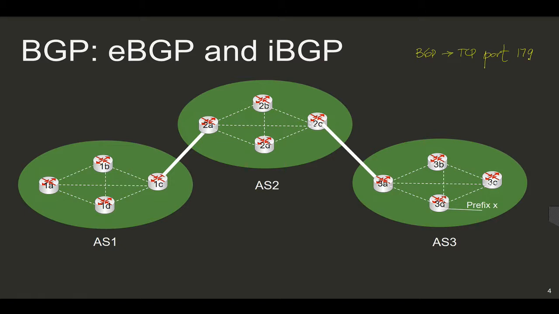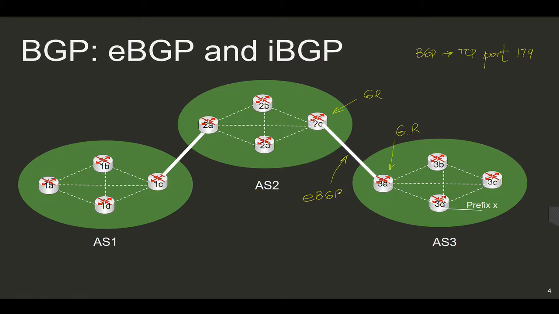What we're going to illustrate here is the protocol that is run. For instance, these two gateway routers, 2C and 3A, talk between them a protocol referred to as eBGP, where E stands for external BGP.